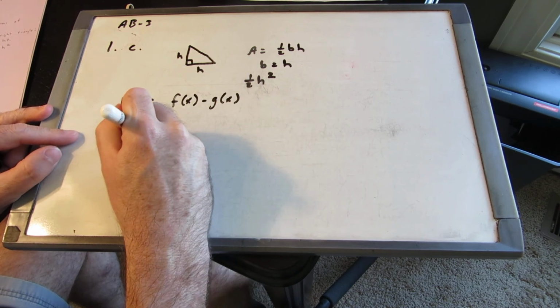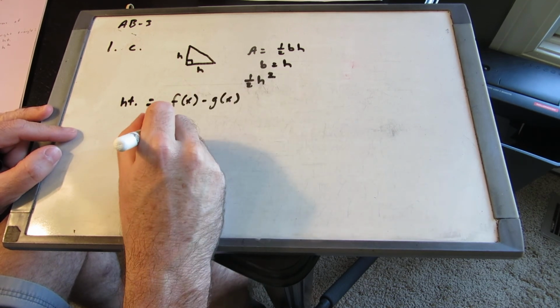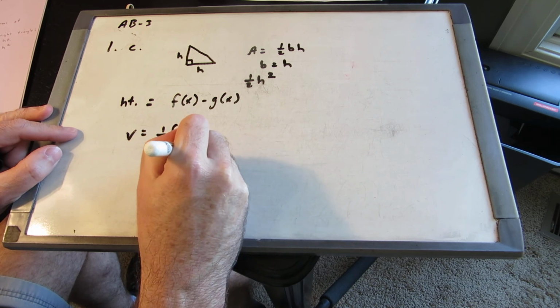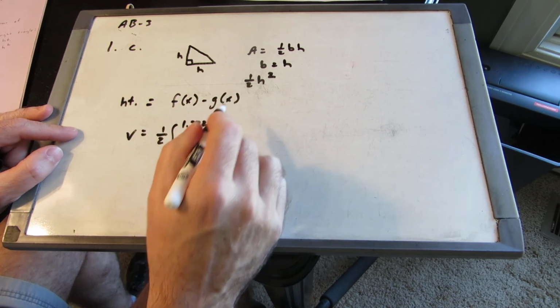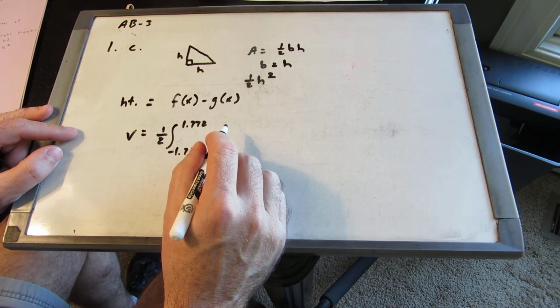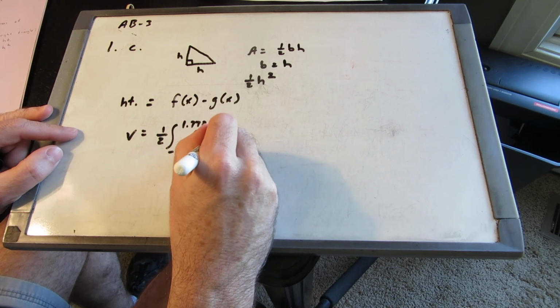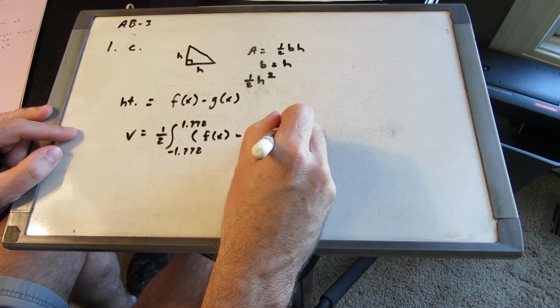So our volume then would be, to sum up the areas, we've got that 1/2 out front, and then we're going from negative 1.772 to positive 1.772, again, where they cross the x-axis, of f of x minus g of x all squared dx.